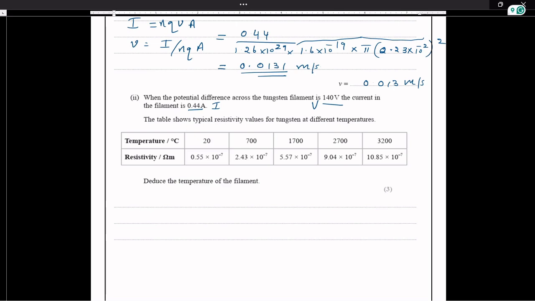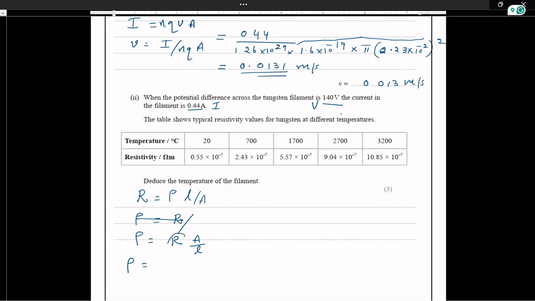So what we can do is use the relation relating resistance and resistivity, R equals rho L over A. We have to calculate the resistivity, so rho equals R A by L. Now the resistance is not given.